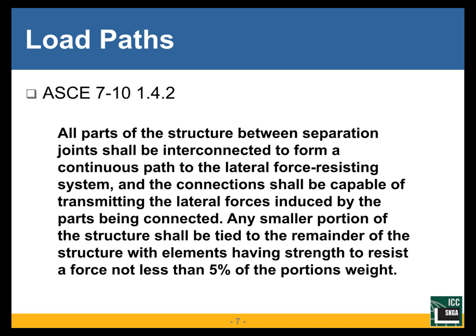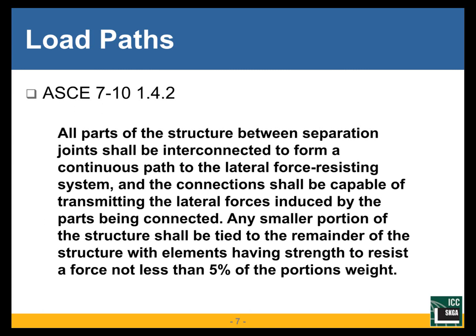All parts of a structure between separation joints shall be interconnected to form a continuous path to the lateral force resisting system, and the connection shall be capable of transmitting the lateral forces induced by the parts being connected. Any smaller portion of the structure shall be tied to the remainder of the structure with elements having strength to resist a force not less than 5% of the portion's weight.